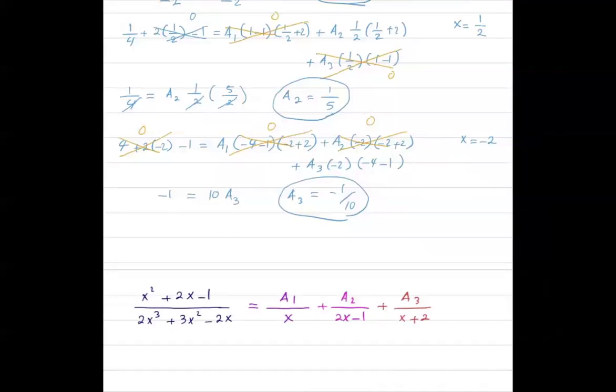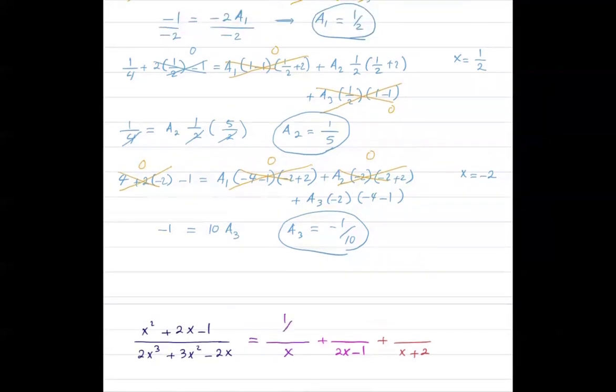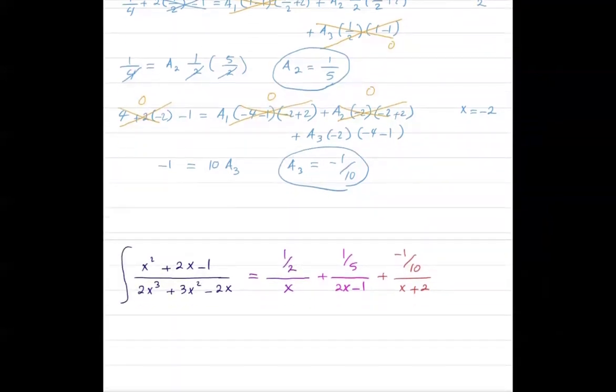So let us erase a1, a2, a3. a1 is equal to a half. a2 is equal to a fifth. And a3 is negative 1 divided by 10. Well, now you can take the integral of both sides. The integral on the left-hand side with respect to x is equal to the integral on the right-hand side with respect to x as well.